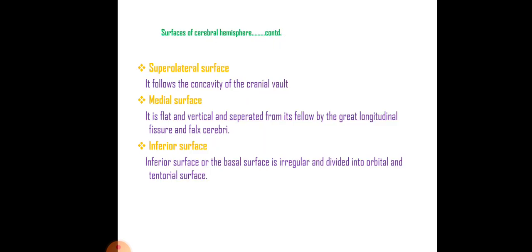The superolateral surface follows the concavity of the cranial vault, while the medial surface is towards the midline. It is flat, vertical and separated from its fellow by the great longitudinal fissure and the falx cerebri. The inferior surface or the basal surface is irregular and is divided into orbital and tentorial surface.